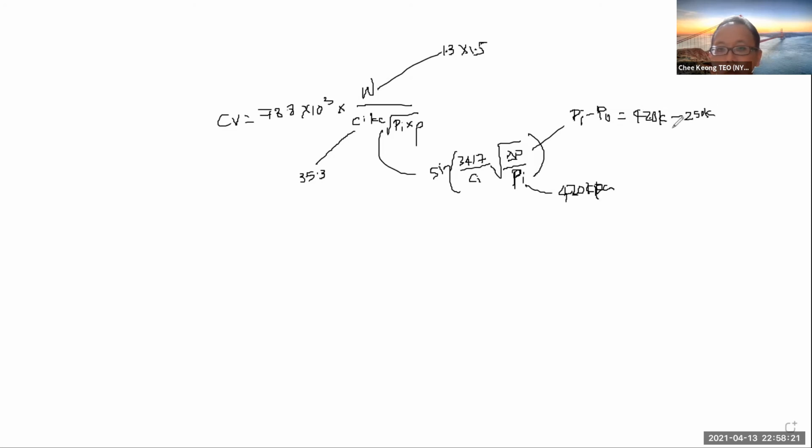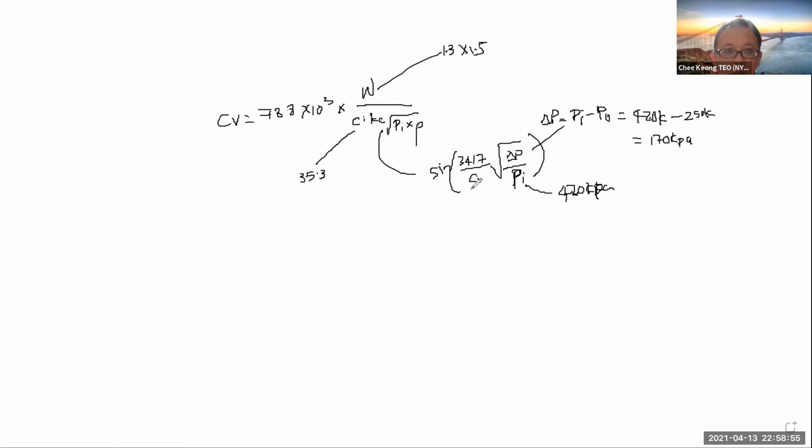So that gives you 200. Let me punch my calculator. My mental calculator is a bit slower now. 420 minus 250 gives you 170. So this is actually 170 kilopascal. So you have the delta P. This is actually your delta P.